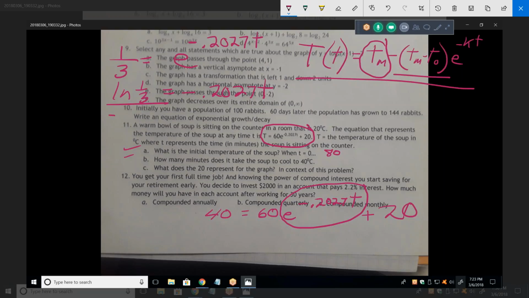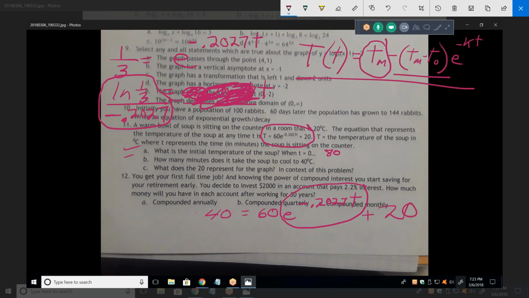Dividing both sides by that coefficient. That's the answer right there. We don't really want to take it any further. That is the only exact answer.